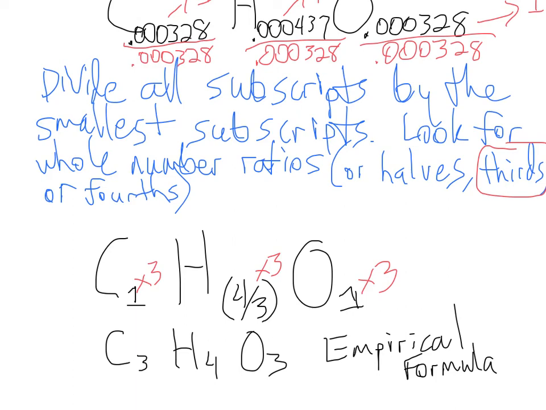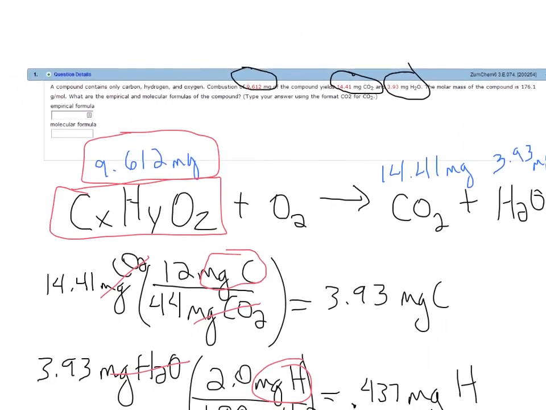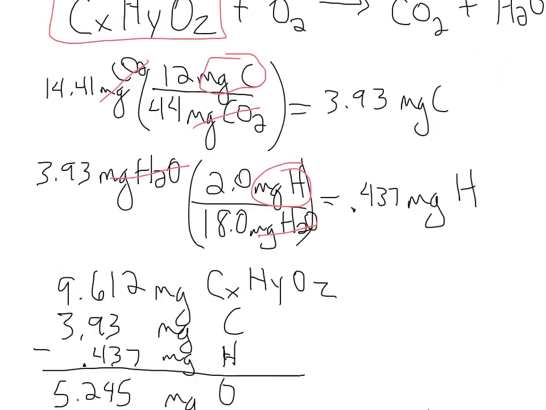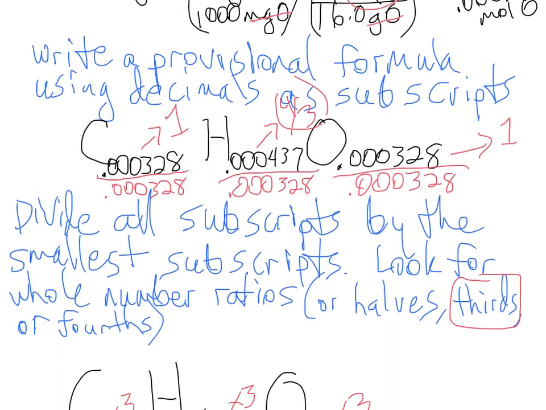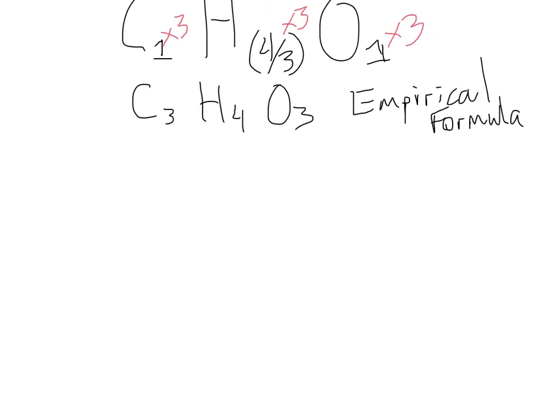Next little bit, and that was most of the work there. But if we go back to the original problem, they give us one other thing. They say the molar mass of the compound is 176.1. And they want us to use that information to find the molecular formula. Okay, we've done problems like this as well. It's just that this problem kind of combines a bunch of stuff. Okay, let's find the empirical formula mass.